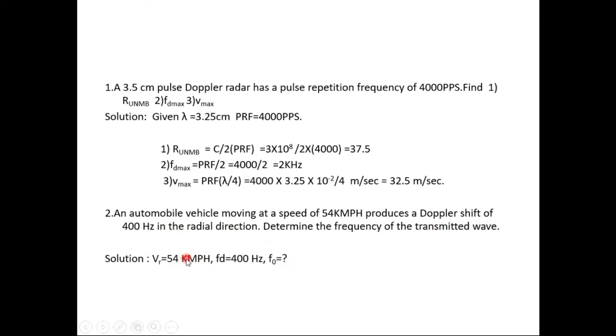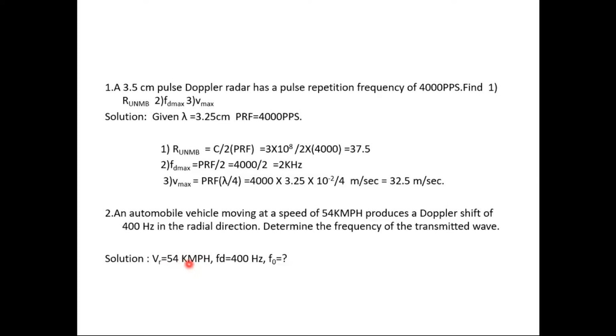Before proceeding, we have to convert 54 kmph into meters per second. How do we convert? Here, 54 in kilometers; to write it in meters, it is multiplied by 1000. Then to remove the hour, we write the hour in seconds, which is 3600 seconds.